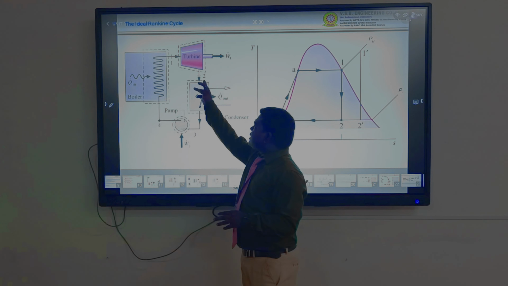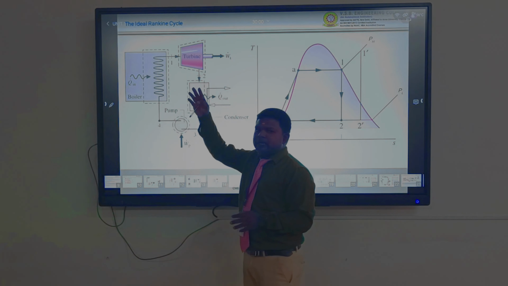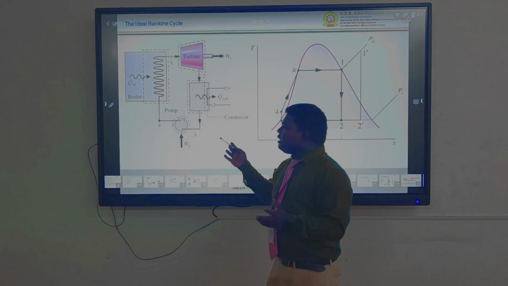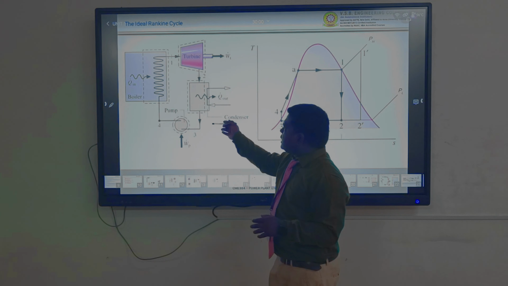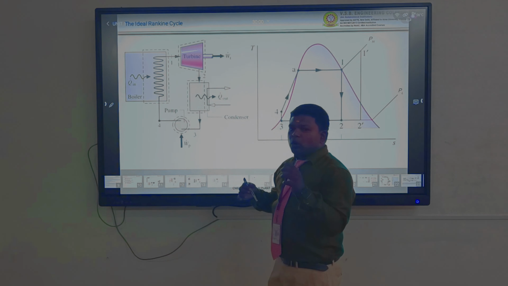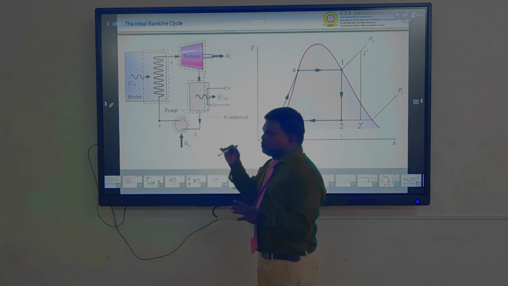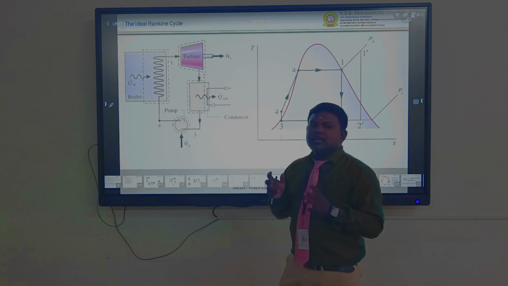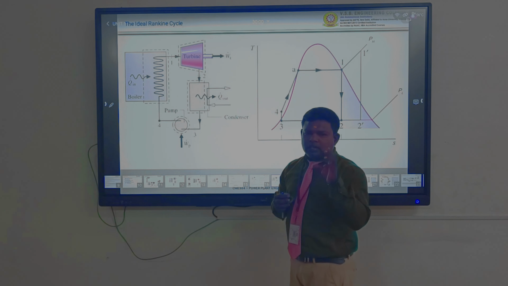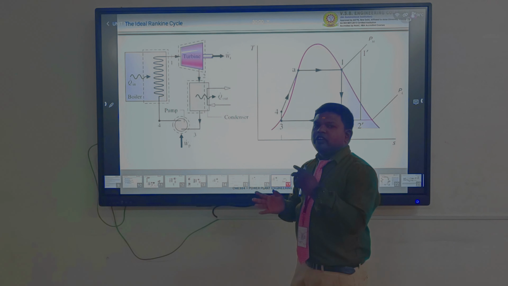Before entering the condenser, the steam is at low pressure and low temperature. After the condenser, we get low pressure, low temperature liquid, because cooling water is circulated to absorb the heat.